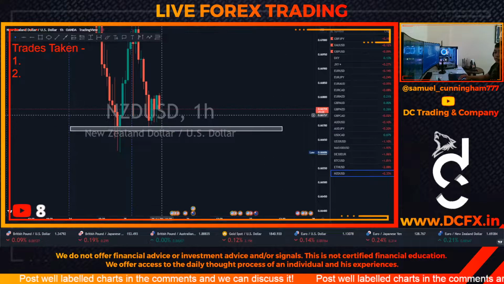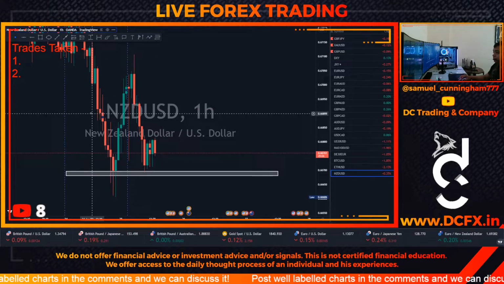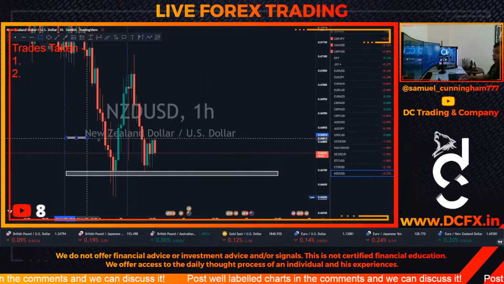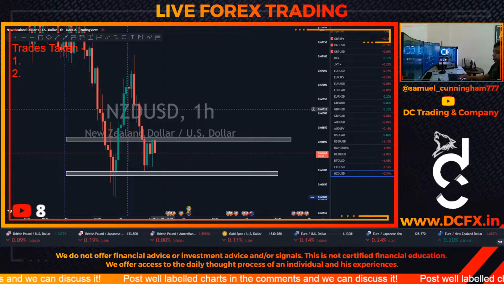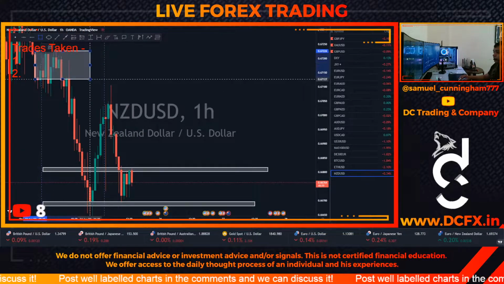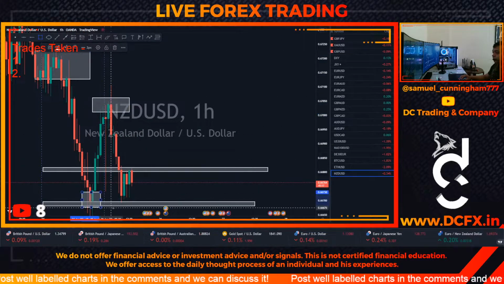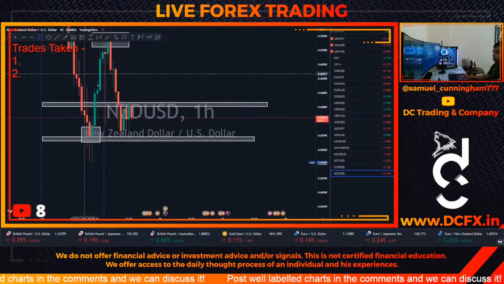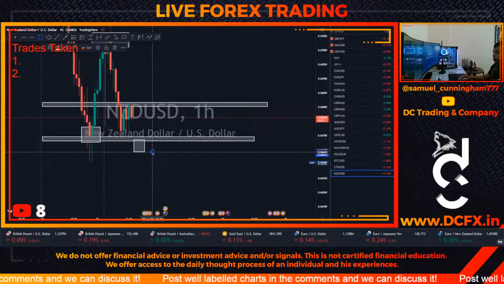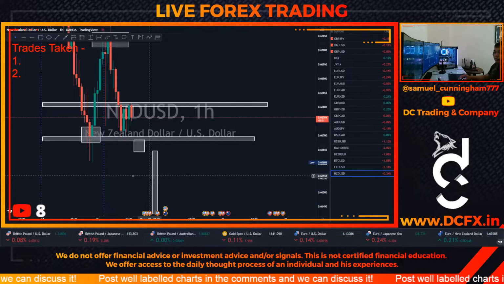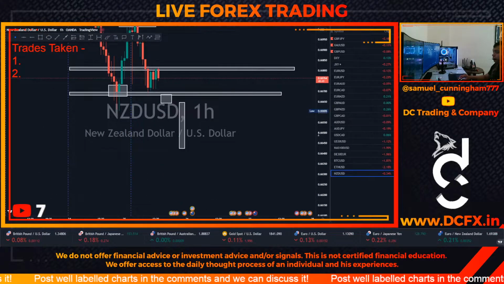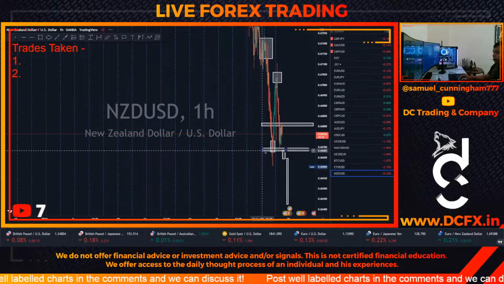Don't you want to catch those big moves? Since we're respecting this level, since we have these highs, lower high, low, once we create the lower low right over here, you should continue down, right? So I would definitely say NZD USD shorts once we break below that level.